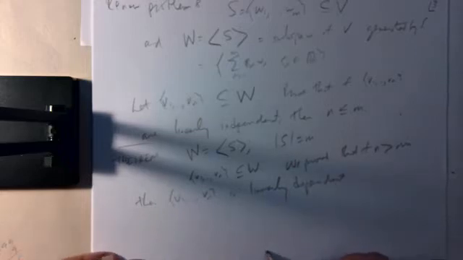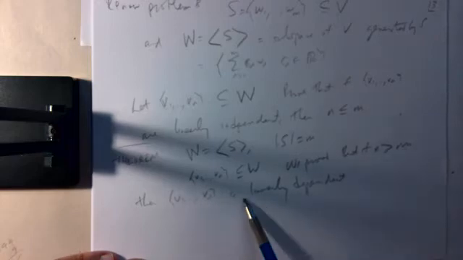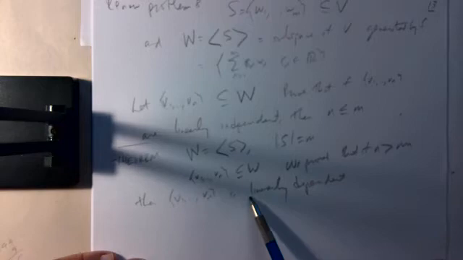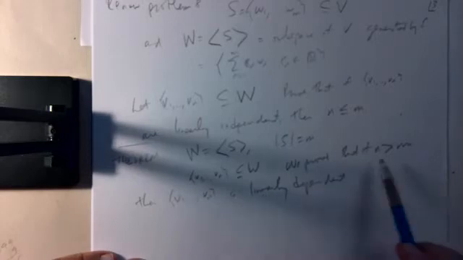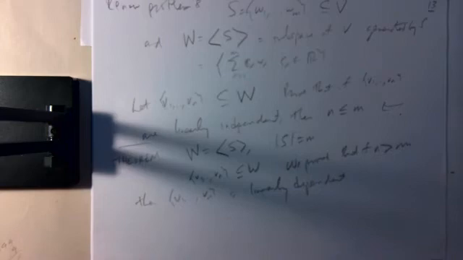And the contrapositive of that, so this says that if n is bigger than m, then this set is linearly dependent. So if we reverse that, that says that if this set is linearly independent, then n is less than or equal to m. And that's exactly this statement.